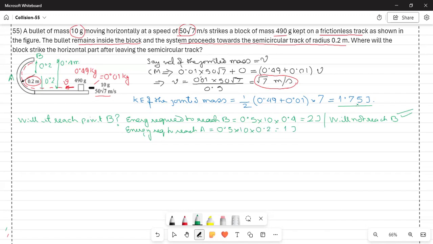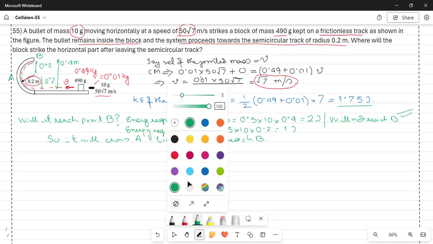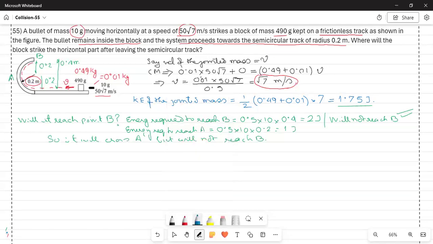So it will reach A and cross A, but will not reach B. That is the main issue. So somewhere in between, it will reach some place.